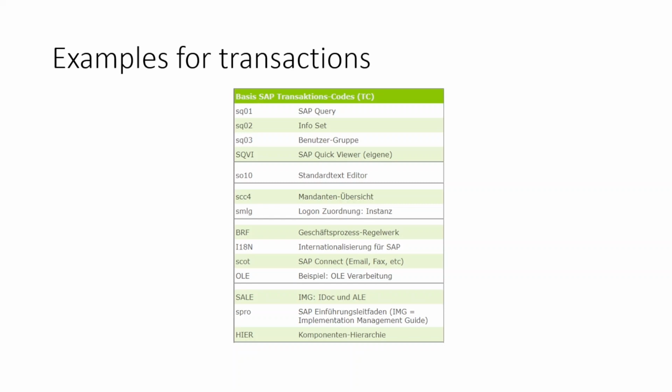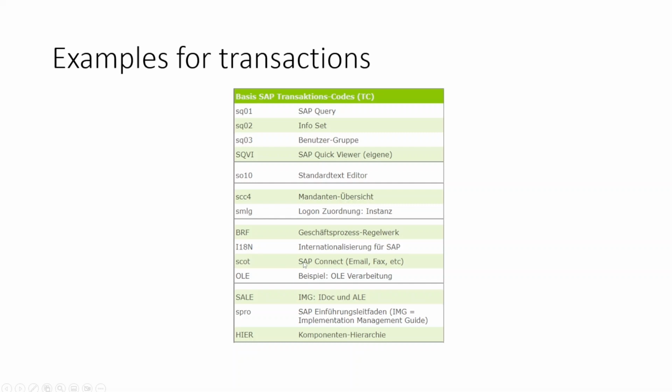It stands for sub query add, or 01 add, and then we have SQ02, SQ03, SQVE, and then some more. All these transactions are more or less clear, but everything starts from SQ01.